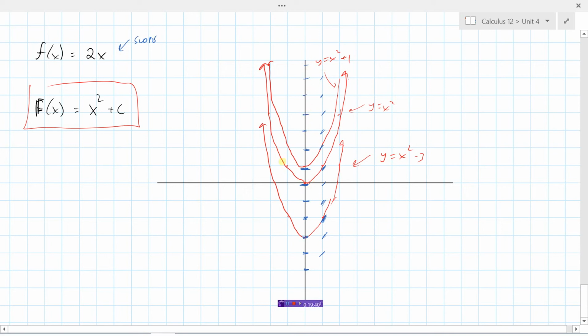And then if we go to negative 1, the slope is always going to be negative 2. And so we could really have all of these little slopes plotted on here. And then when x is 2, the slopes would be 4. So they would be steeper yet when x is 2.